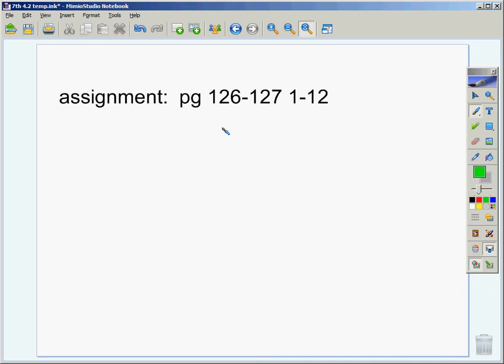Which is why they do it right after we do unit rates. You write the equation so you can make a prediction that's not on the table.